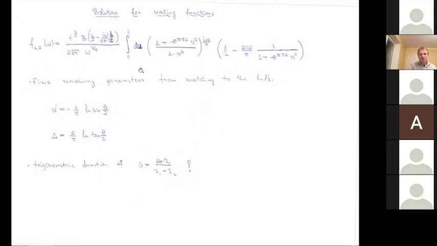So skipping many details, one can write down the answer for the scaling functions. And then one can recover the remaining 3 conditions that were missing from the bulk solution. So one of them guarantees that these functions have the correct square root asymptotics at 0, and the other 2 conditions are matching to the bulk. So from that, one can completely fix all the parameters.